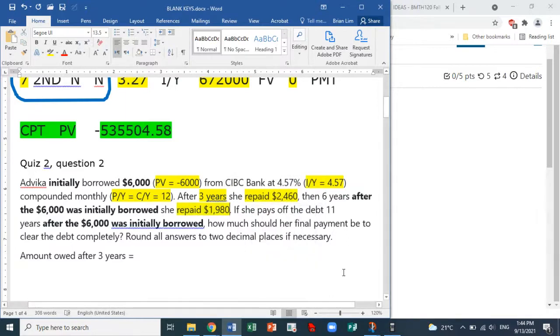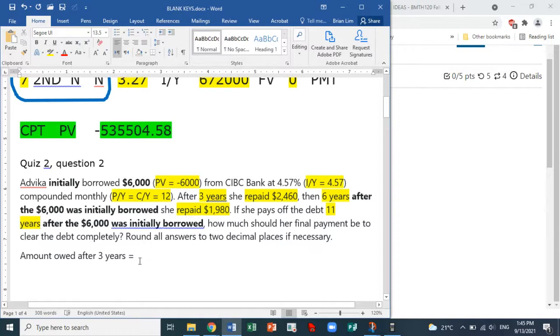Then she pays off the debt 11 years after. So 3 years, 6 years, and then 11 years are the important bits of information. 11 years after the money was borrowed. Okay, so there we have it, and then we can start and do what needs to be done.